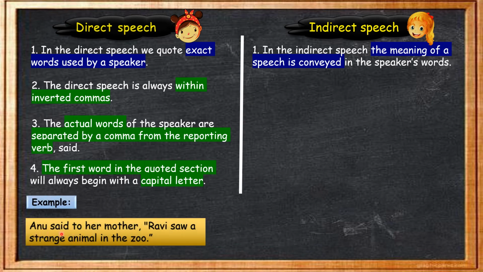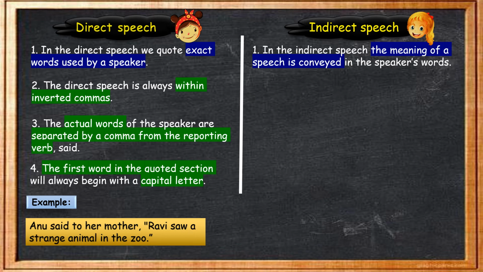Now see, Anu said to her mother, Ravi saw a strange animal in the zoo.